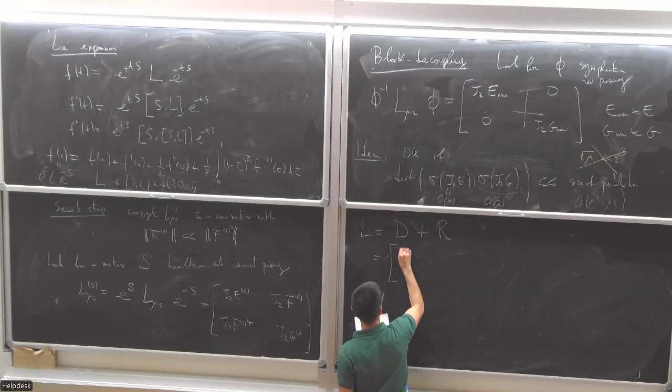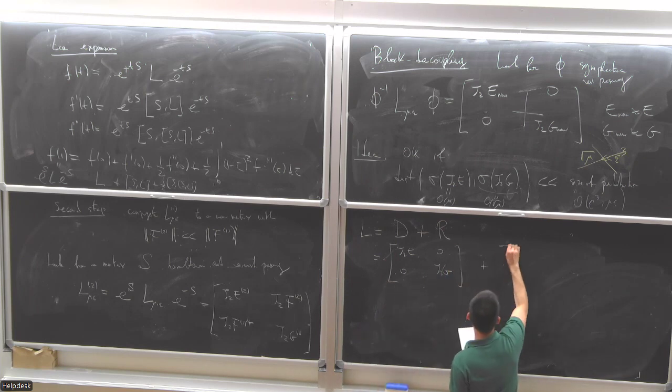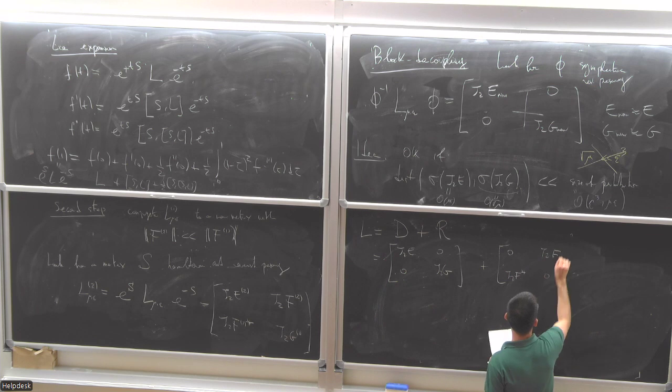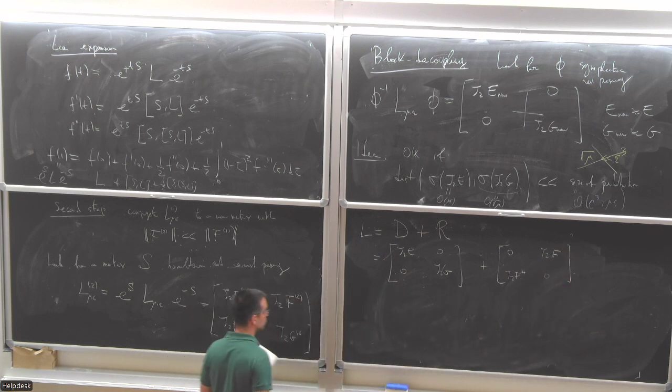The diagonal part is J2E, 0, 0, J2G, and the off-diagonal part is the perturbation, so it's 0, J2F, J2F star, 0. And now let us make a commutator expansion. So what do we get?